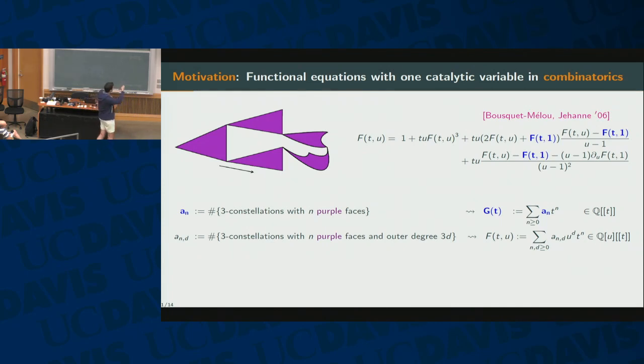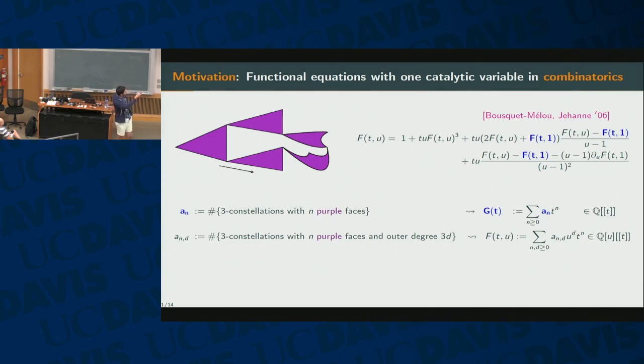This is why I introduce the sequence a_{n,d}, which counts the three-constellations with n purple faces and outer degree 3d. Algebraically, in the first case, we have a univariate formal power series g(t). In the second case, we introduce an extra variable, which is called catalytic. This is why I am talking about one catalytic variable.